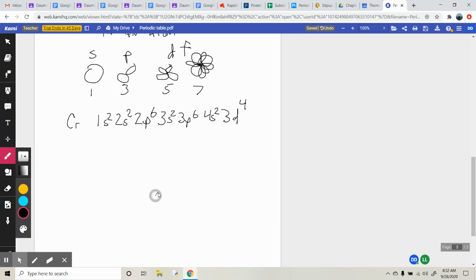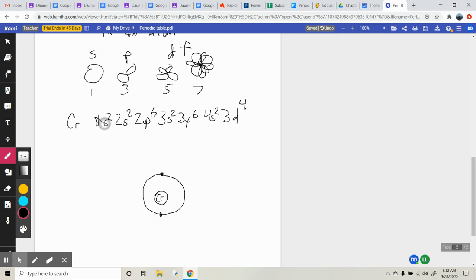If we look at a chromium atom, we got the nucleus here, right? It's got some protons and neutrons in there. We're not going to get specific about that because right now all we care about is the electrons. Each of these gives us a certain designation. So in the first energy level, we have an s orbital, which looks like a sphere, with 2 electrons.